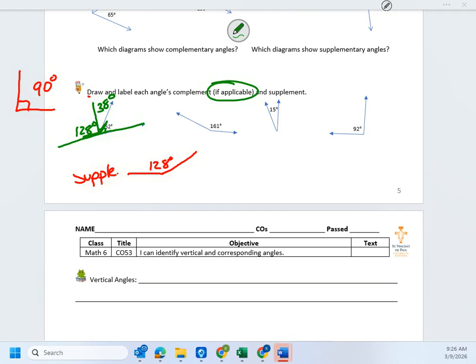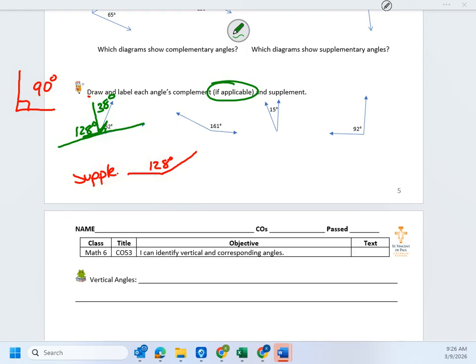When wouldn't we be able to do a complement? Rhoda? 92 degrees. Why couldn't we do a complement on 92 degrees? Because it's bigger than a right angle. It's already bigger than 90 degrees. If your angle measurement is already bigger than 90, we can't find a complement to add to it to make it equal a smaller 90 degrees.